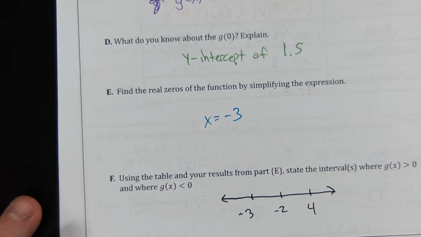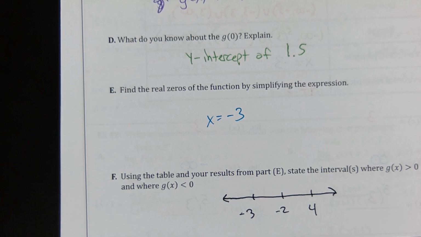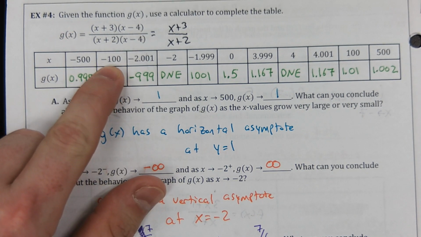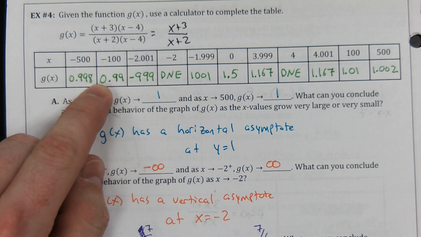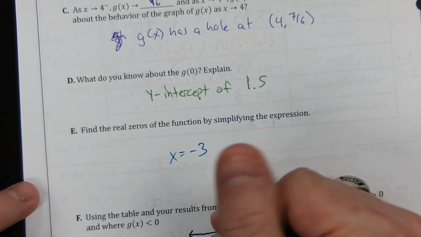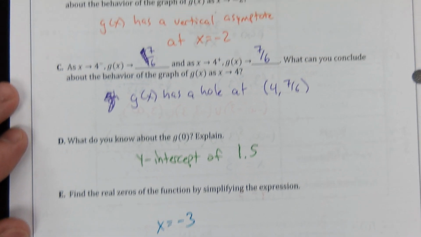And now we're going to use our table to decide positive or negative. So look up to the table and find a number that is to the left of -3. There's one. What do we know about our y values? They're positive. Good. Now look between -2 and -3.